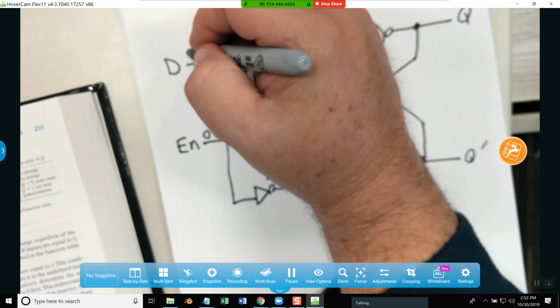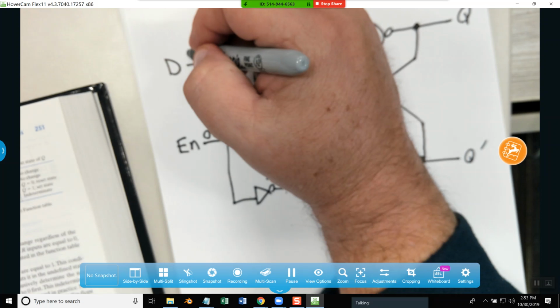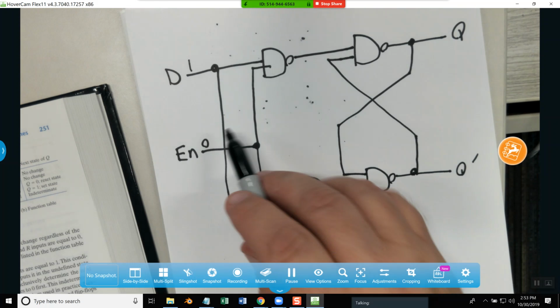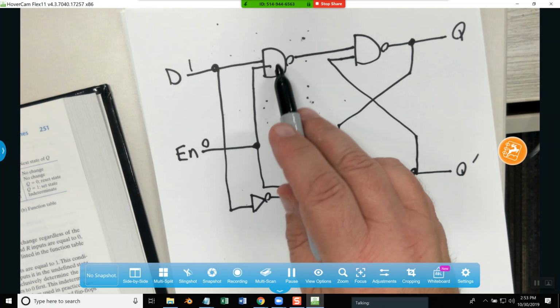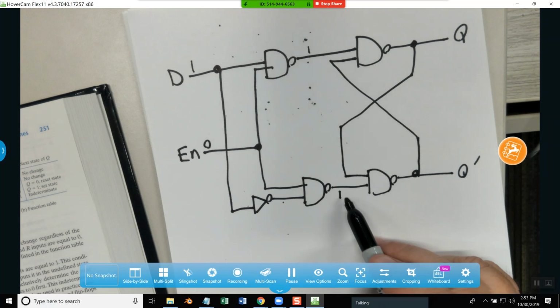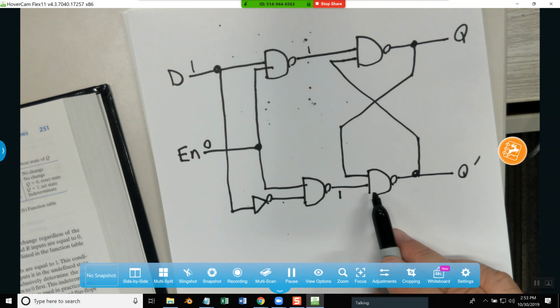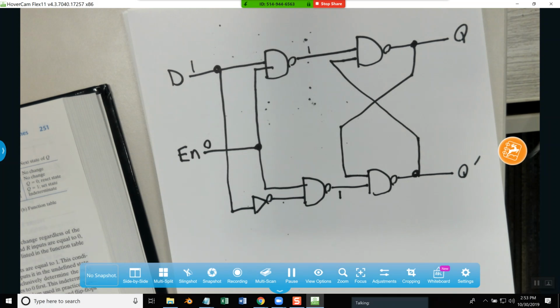Let me think. This was 0 to begin with, because there's no voltage going through, like the first time. Then 1 times 0 is 0, inverted becomes a 1. That comes back around there. 1 times 1 is 1. That gives me a 0. So these are both 1s, I believe. Okay, and it just maintains that state.